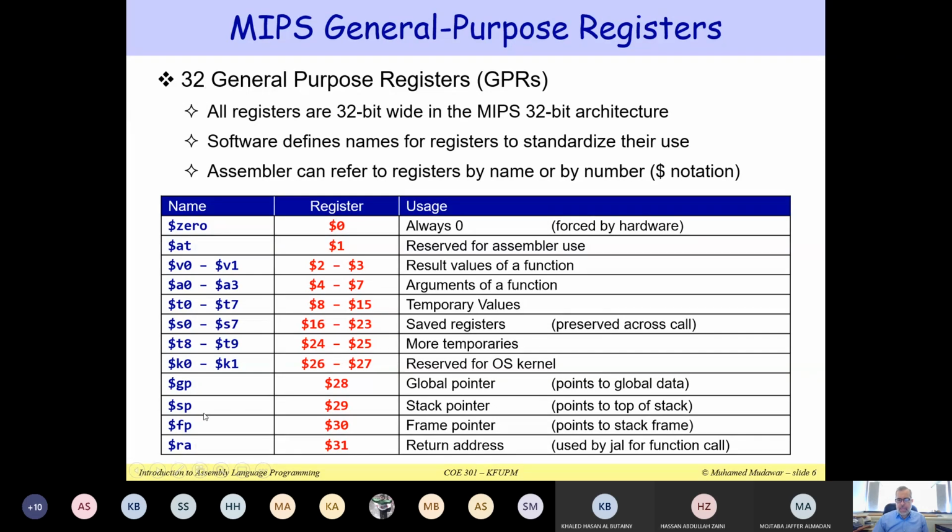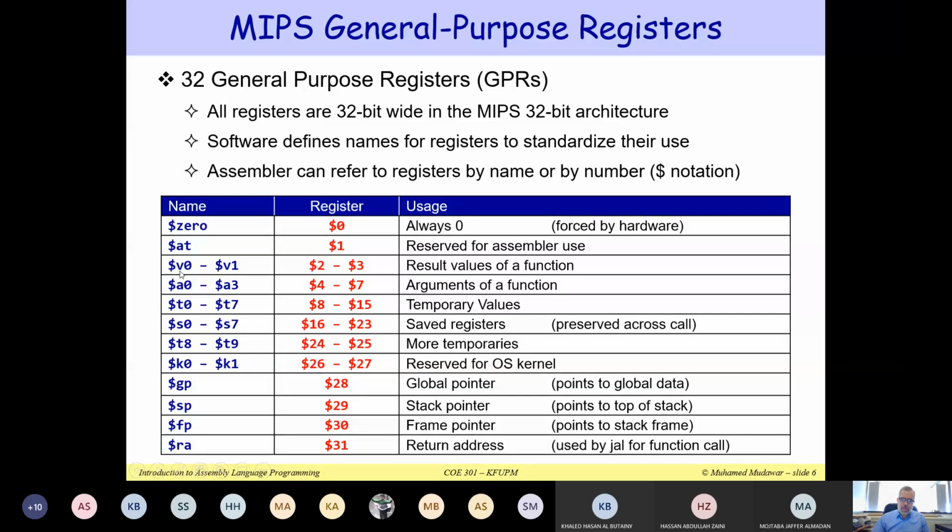So we're going to give names to these registers. For example, register 0, we'll just write it as $0. Register 1 is called the assembler temporary register, or AT. Register 2 and register 3 are used to return values of a function. So when a function would like to return a result back to its caller, it is going to place the result in these two registers.